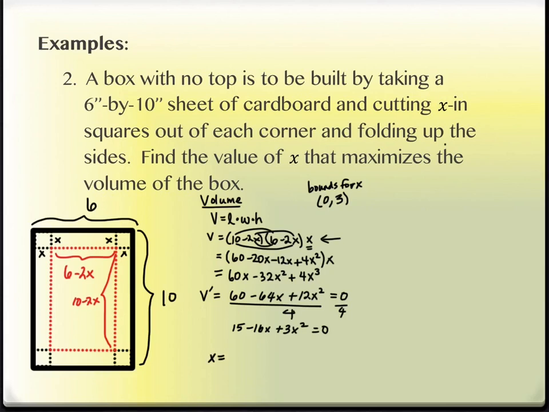So x equals negative b, which would be positive 16, plus or minus the square root of b squared, which would be negative 16 squared, minus 4. My a is at the end because it's the x squared term, right? A times c, which is 15, all over 2a, which is 2 times 3. Sorry, I could have put those in descending order of exponents, and I didn't think that it would matter. Hopefully it's okay.